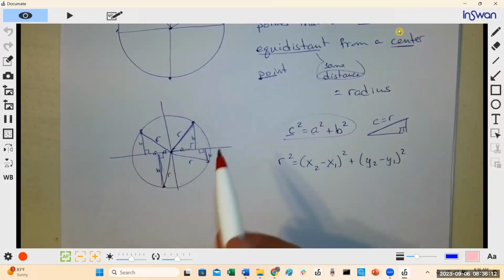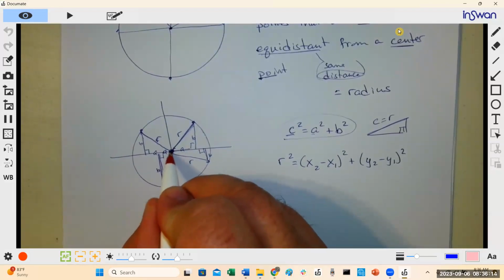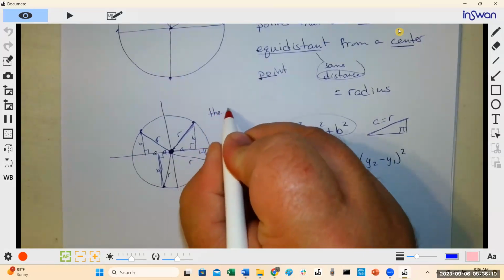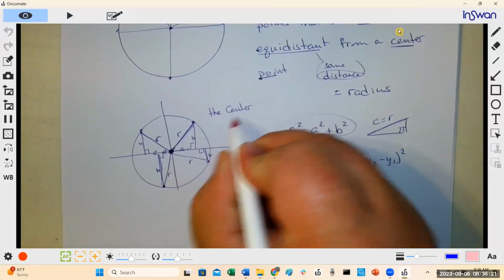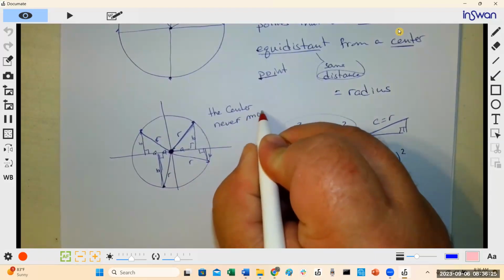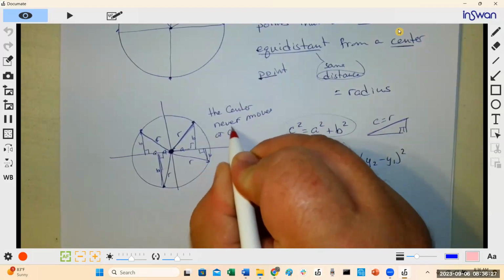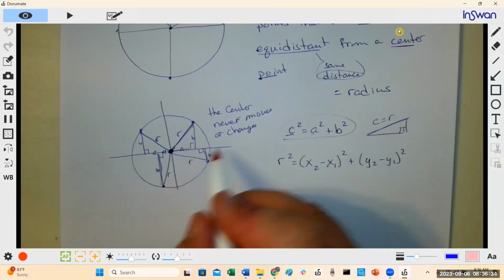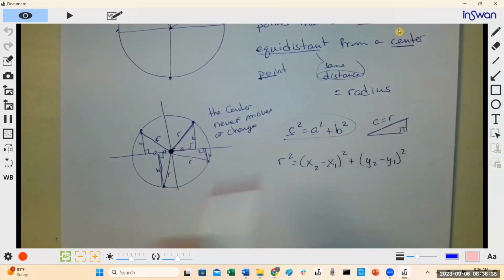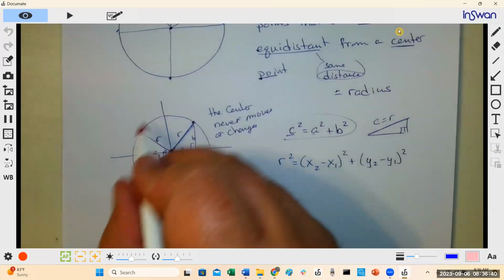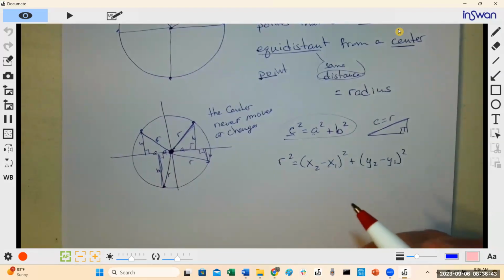Yes, it's an infinite number, but this point here, the center, never moves or changes. Because in the Pythagorean theorem, it's wherever point A and point B are. Once you have the center, it stays the same, so we can have the same radius on the other questions.